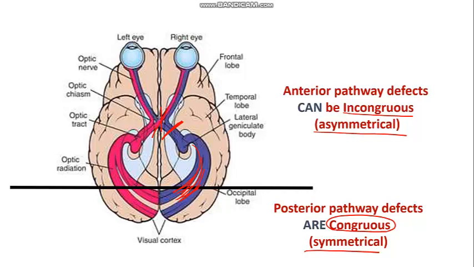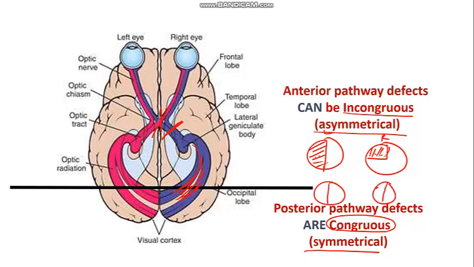Incongruous means asymmetrical lesions like this. These are homonymous, they are on the same side, on the left side, but they are not symmetrical; they are asymmetrical. If the defect is like this, it is also left homonymous, but they are mirror images, so they are congruous, or symmetrical.